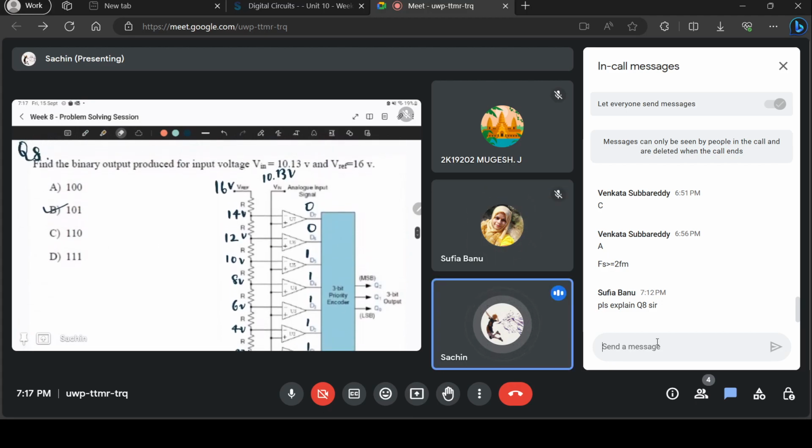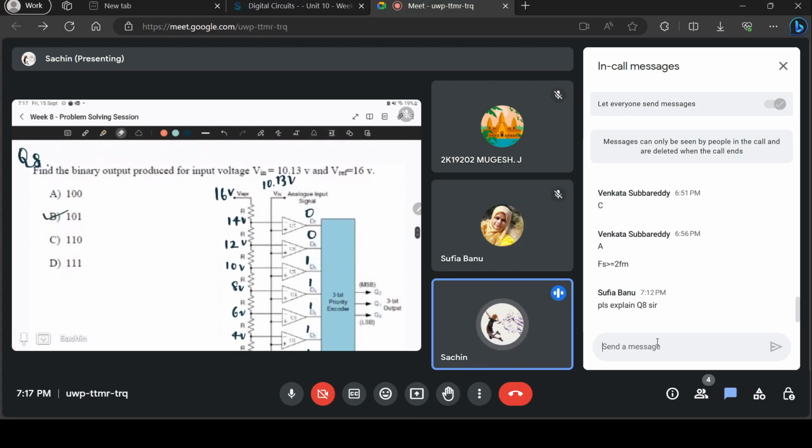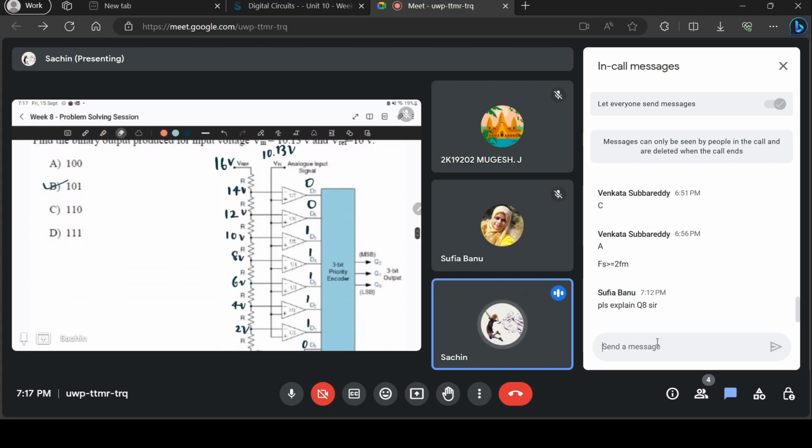Now what they are saying is Vin is connected to 10.13 volts. If you see the circuit, that Vin line is drawn, and each of the positive terminals of these triangular comparator circuits is connected to Vin, right?